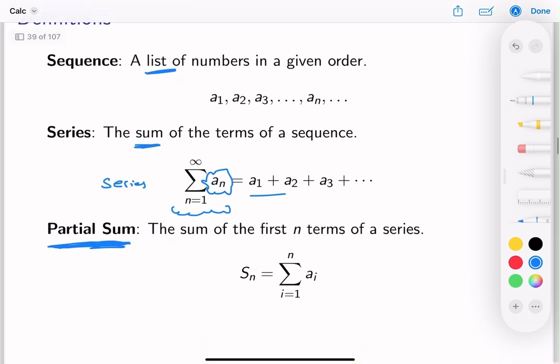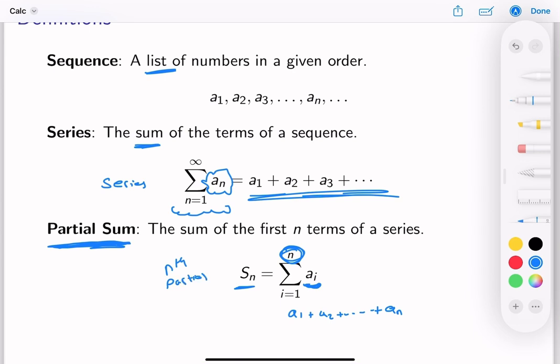A partial sum of this series is denoted by s_n, where you sum n terms from that sequence. So instead of summing the infinite terms, you stop at the nth term. This is called the nth partial sum, because we're summing n terms.